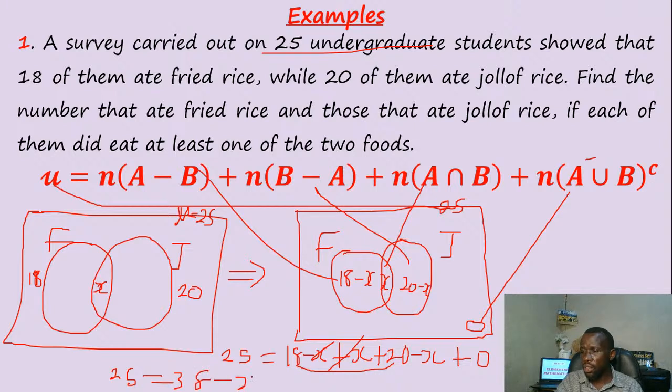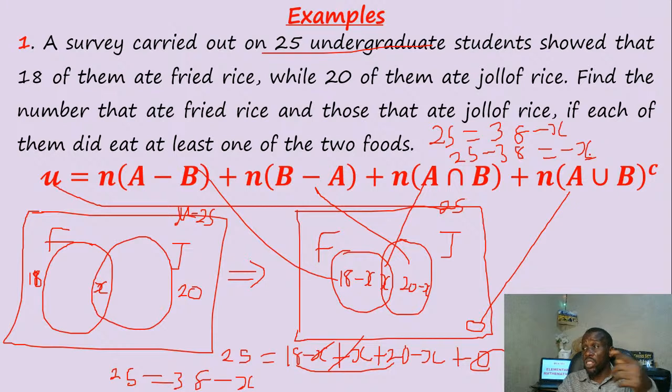minus x. This 0 that is outside here doesn't really mean anything. It's 25 equals 38 minus x. So definitely, that is 25 minus 38 equals minus x.